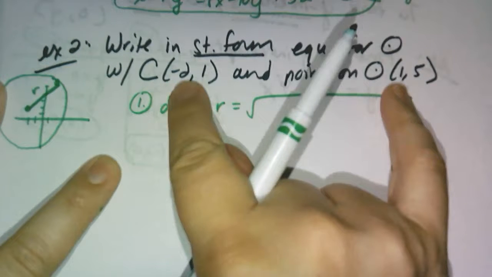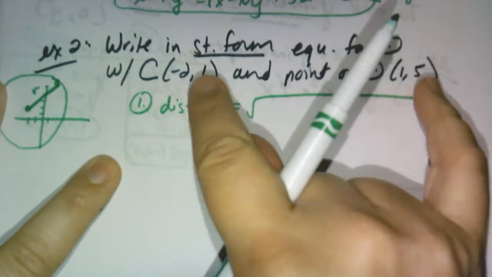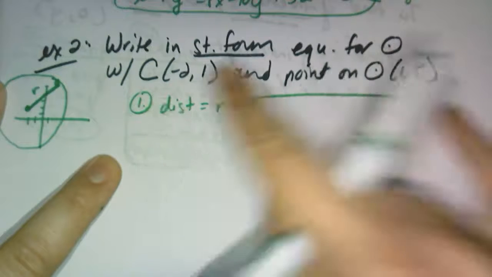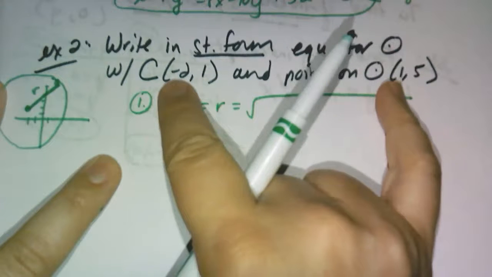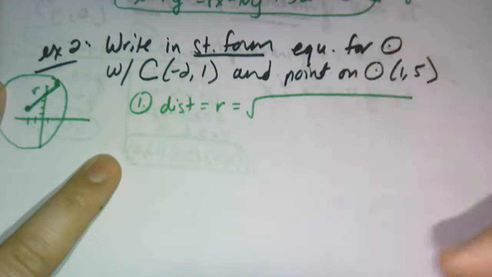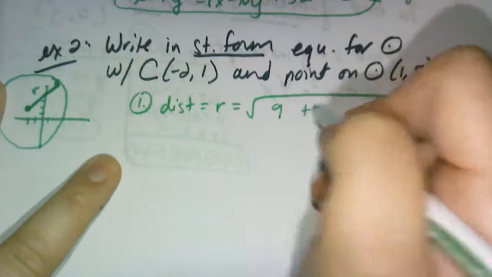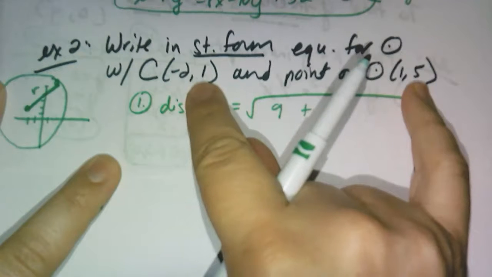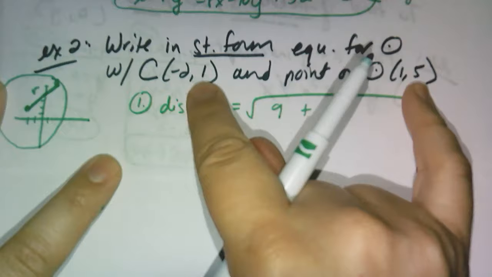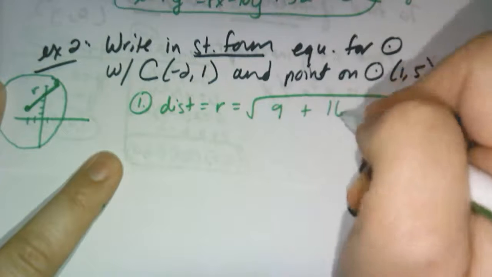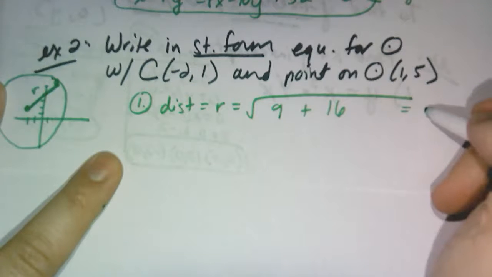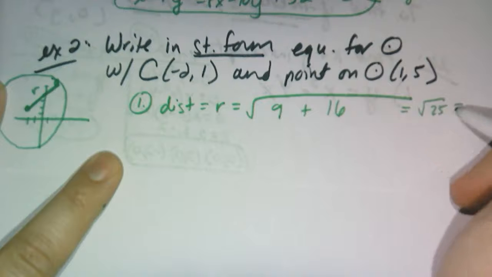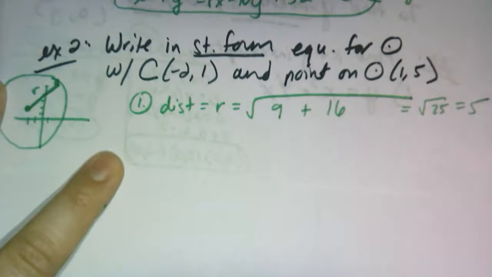Subtract your x's, square it, subtract your y's, square that, and then add them together. So -2 minus 1 makes 3 squared, which is 9. 1 minus 5 is -4 squared is 16. The square root of 9 plus 16 is the square root of 25, which is 5. Now that is your r.